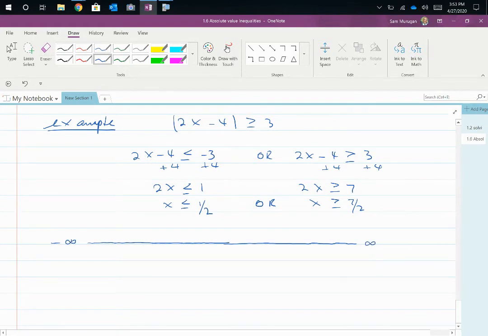This is saying all of the numbers that are less than half, so everything to the left of half, including half, and all of the numbers that are greater than 7 over 2, including 7 over 2, bracketed.